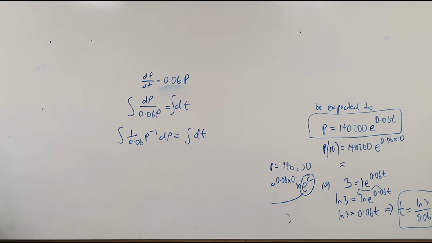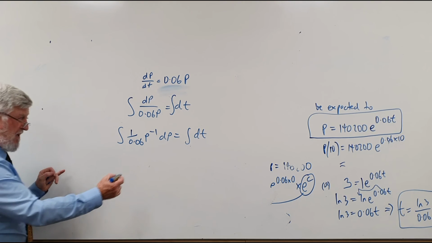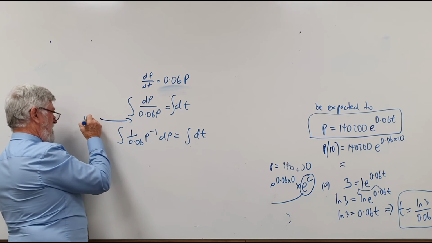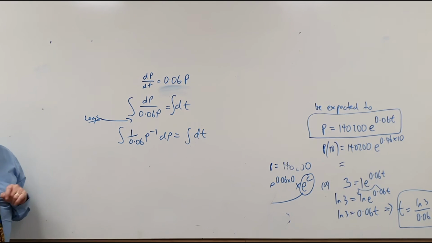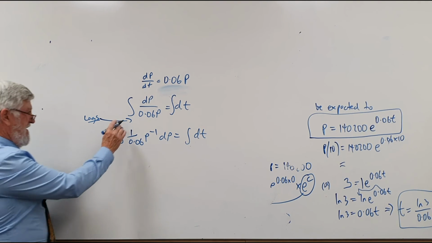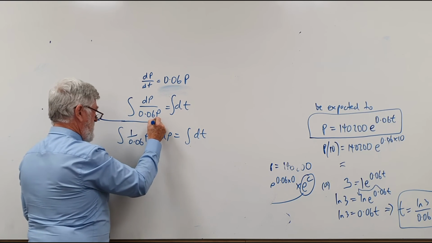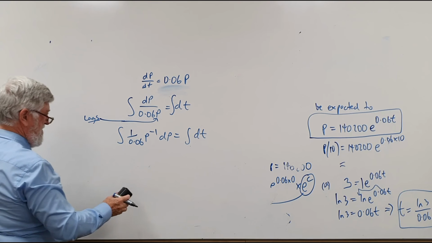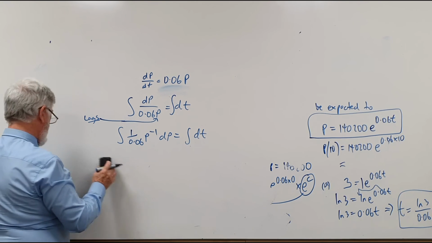Log it. That's the one that says to you, this is a log question. So the moment you get a -1, it becomes 0. It says, hello, these were logs. Along for the ride? Not really. But does the 1 on 0.06, when you differentiate the p, it just stays there?